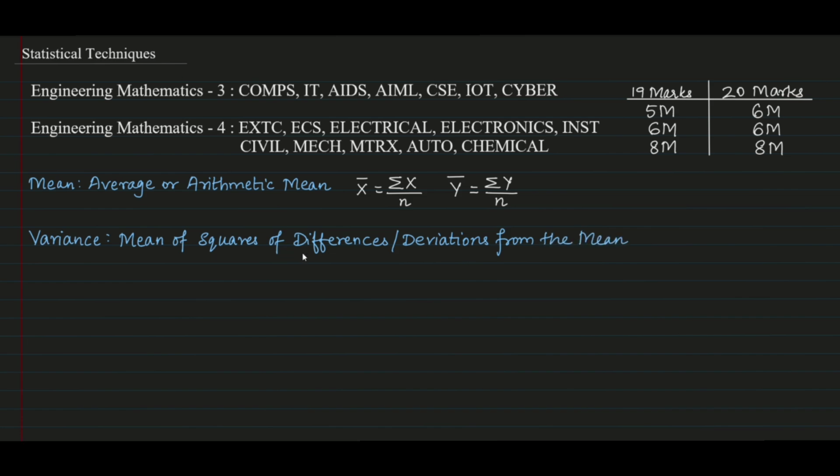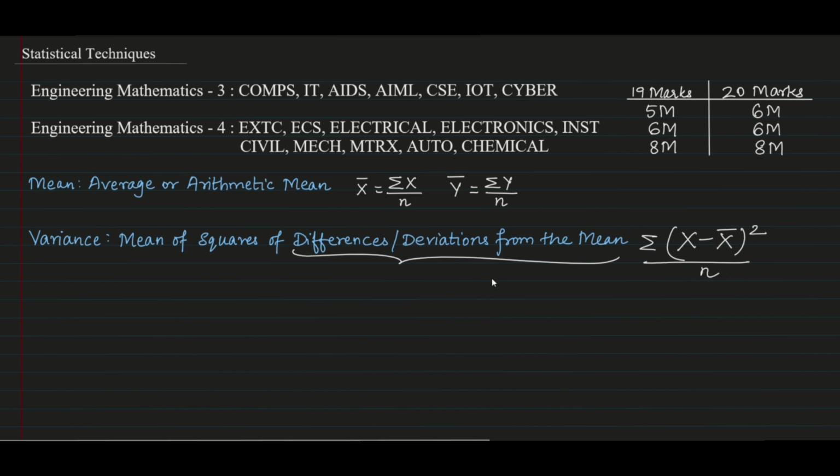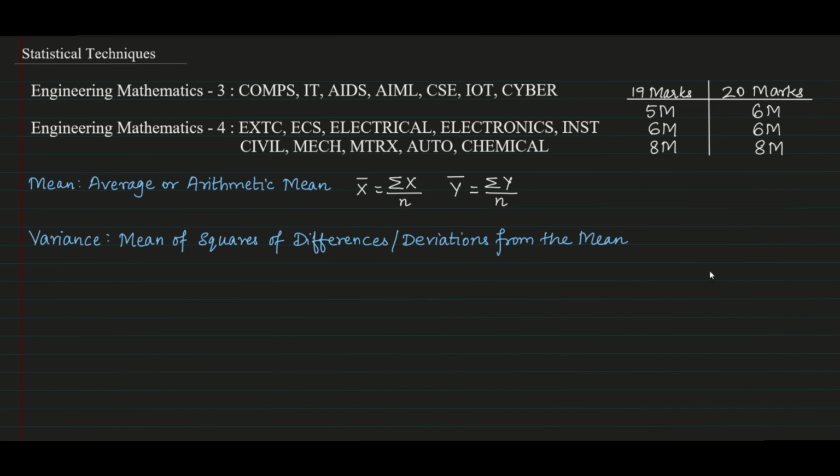First we calculate the differences or deviation from the mean. For x, the deviation from the mean will be x minus x bar. So for each data point or observation in x, we calculate x minus x bar, then we square it, then we take the mean of all these squares. That's the variance. So let's write the expression and formula.